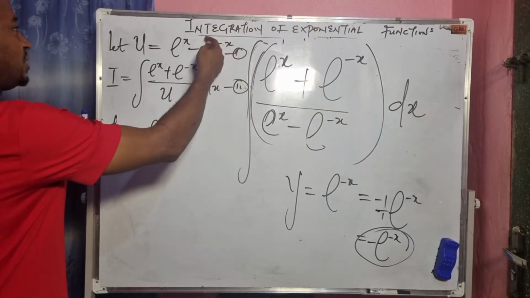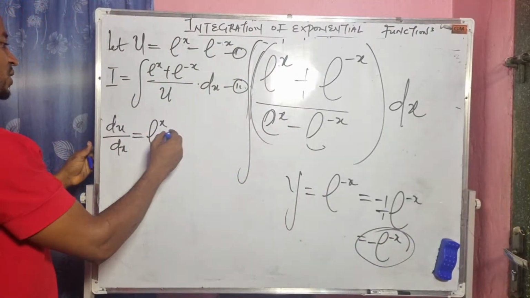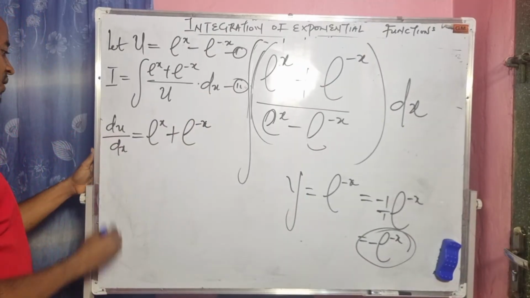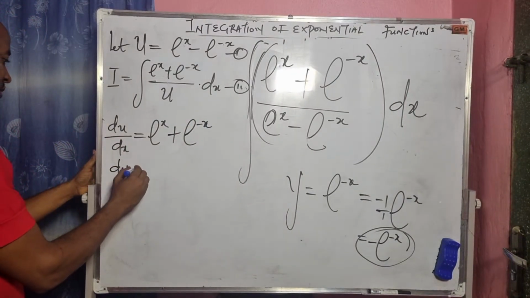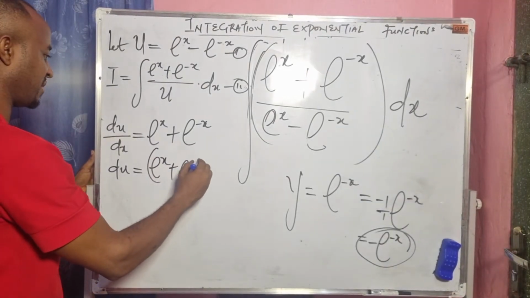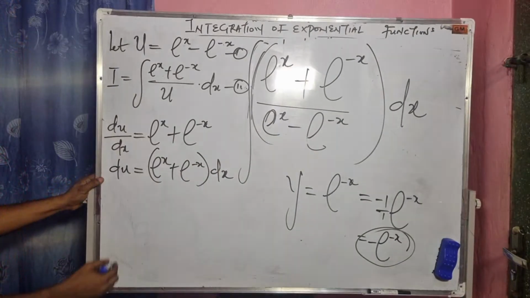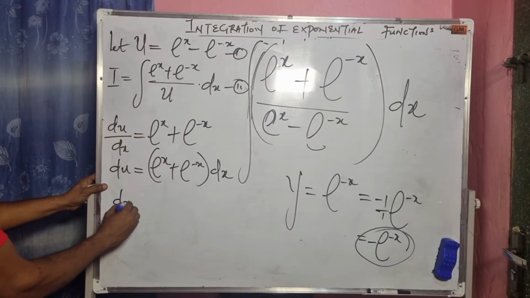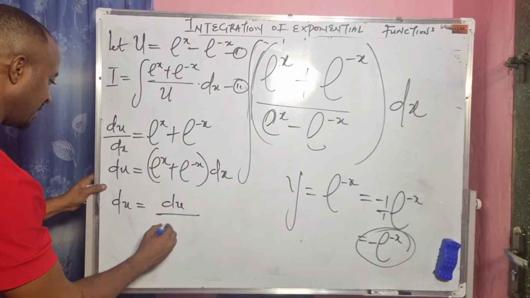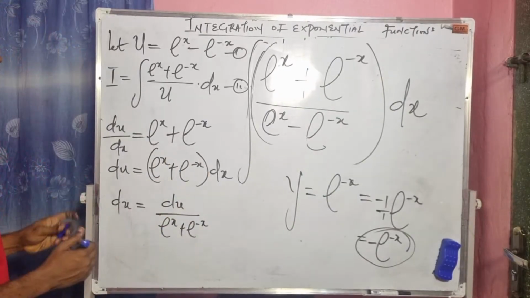So du equals e to the x plus e to the minus x dx. Let's make dx the subject of the formula. That gives dx equals du divided by e to the x plus e to the minus x.